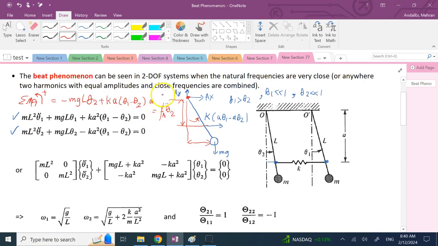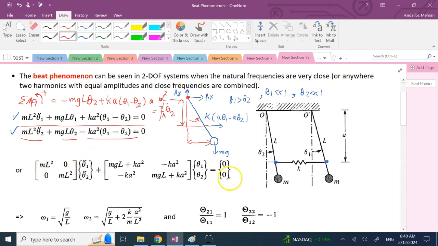And I about this point is this mass m times this distance squared, so ml squared. You get this equation if you simplify it, and you can write the one for the other pendulum. So these are your two governing equations, clearly linearized with small angle assumption.